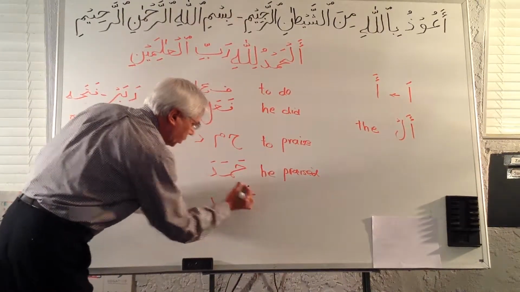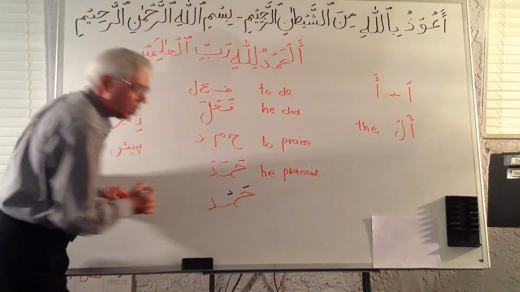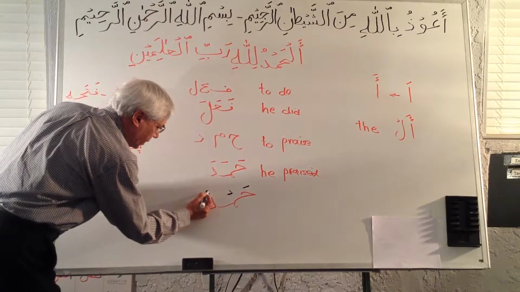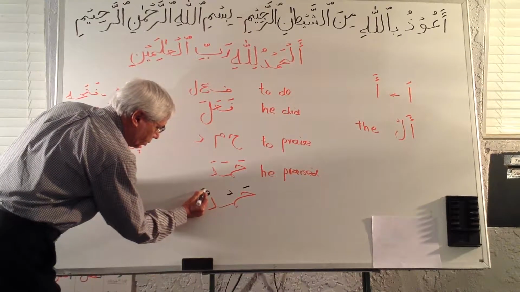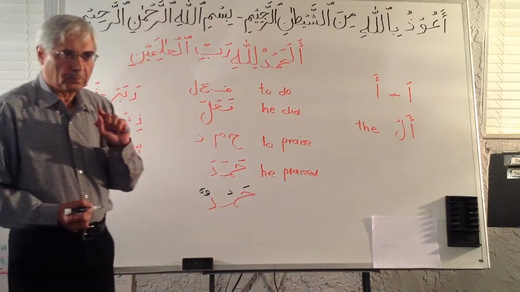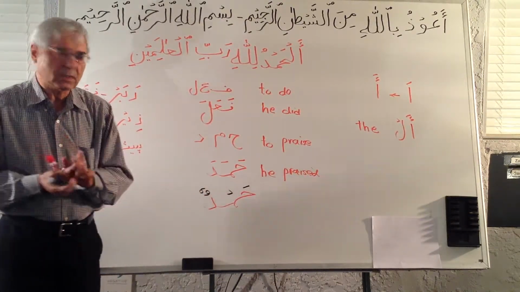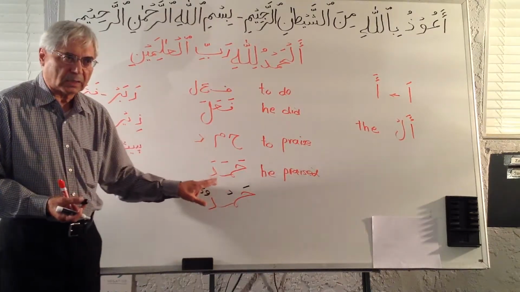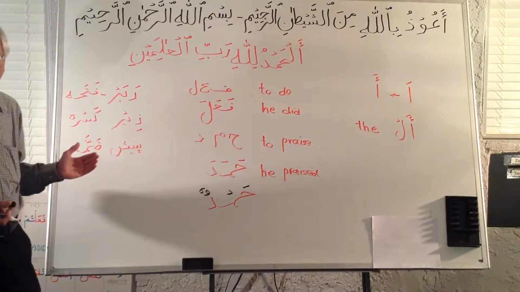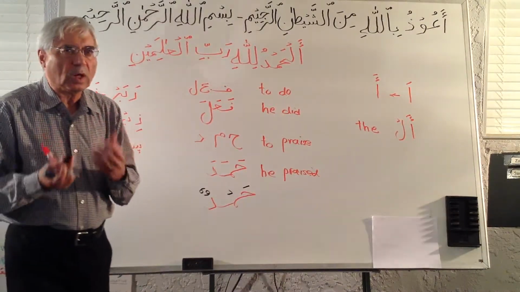Put a fataha on this one and put a sukoon or jazm on the middle letter. And on the third letter, I put 2 pesh or 2 dhammas. Whenever we write any word, these are called harakat. Fataha, kasra, dhamma, sukoon, they are called harakats. And they help us pronounce the word.